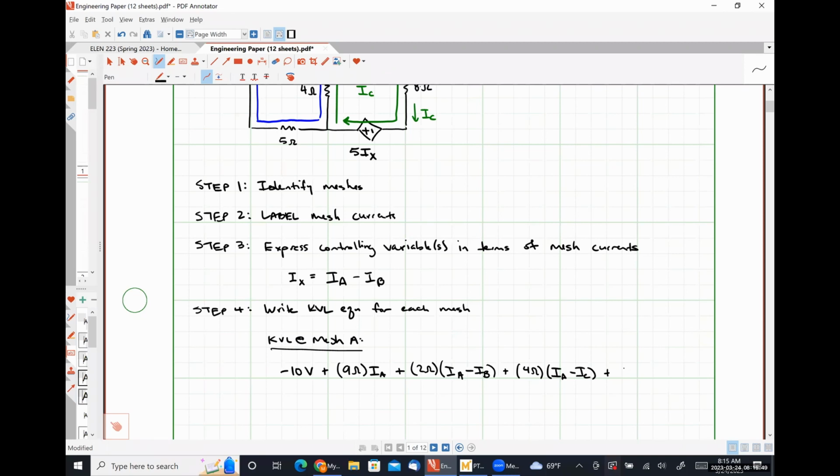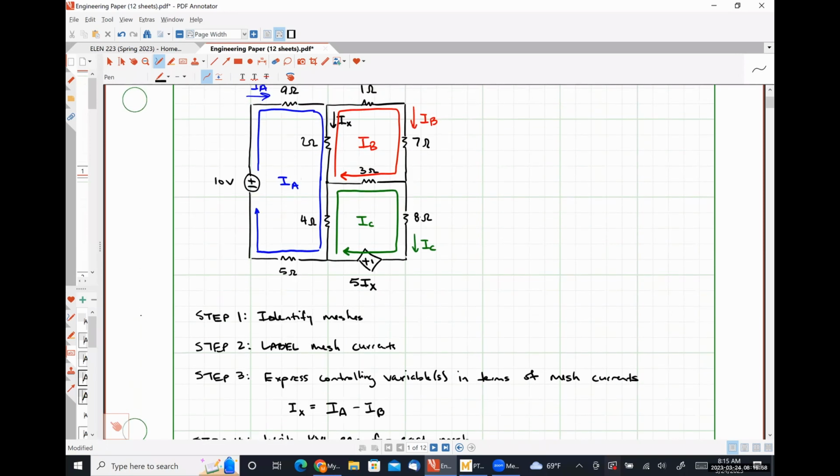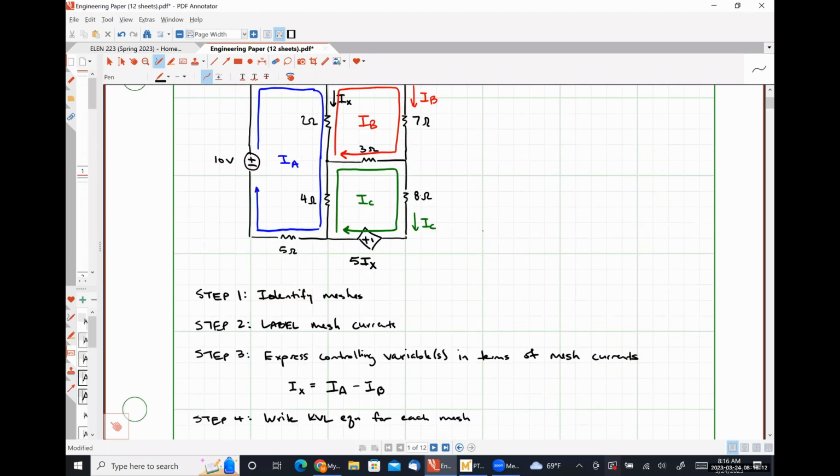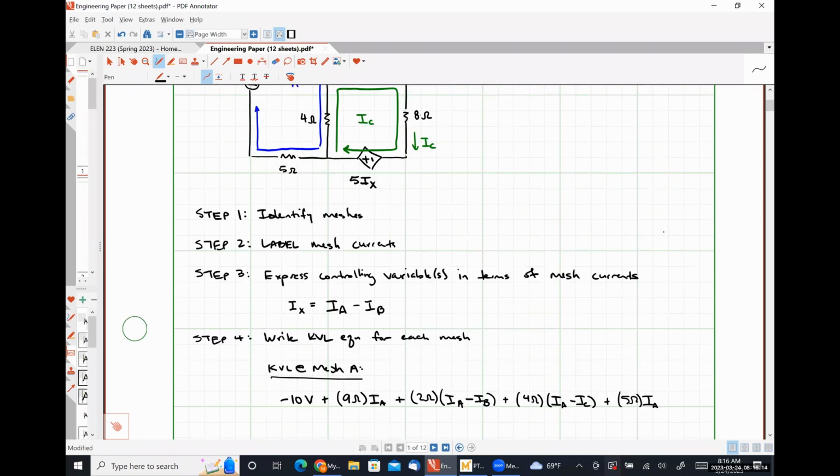And then we have our 5 ohm resistor carrying a total current of IA. So whenever our elements are on the outside edge of a circuit, they're only going to have one current flowing through them. Whenever they're on the interior of the circuit, they're going to have 2. Those are all 1, 2, 3, 4, 5 different components. So 5 different voltage drops set it equal to 0.